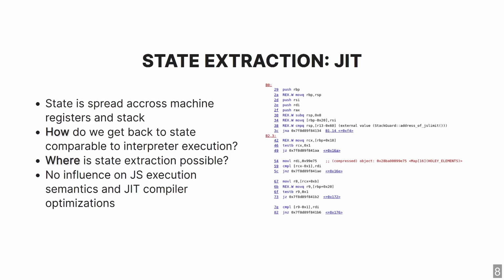Furthermore, in our approach, we do not influence JavaScript execution semantics in any way, meaning that we are especially also not modifying the JavaScript input program in any way. And we also don't modify any JIT compiler optimizations or disable any of those.